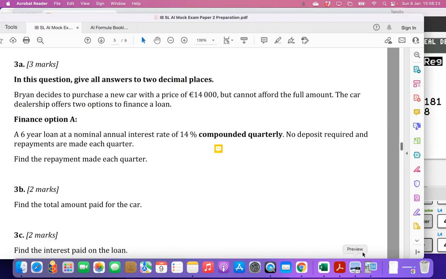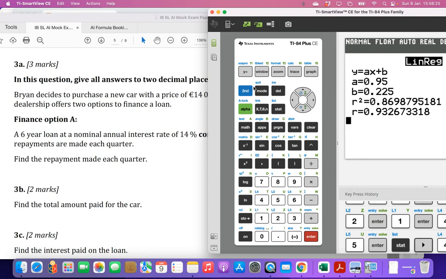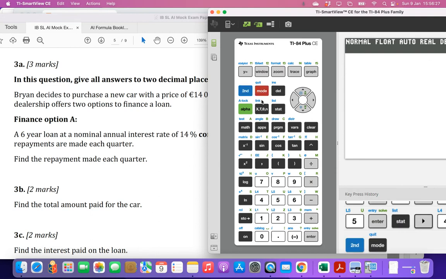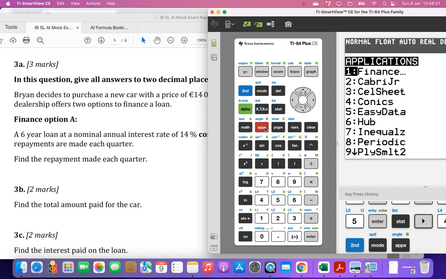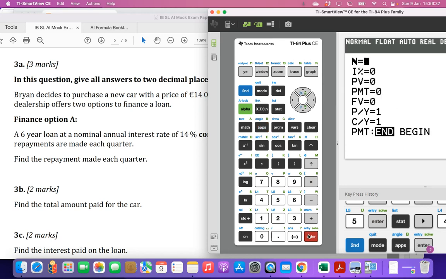So go to the TI-84. We want to go to the TVM Solver, which is an app. Finance, TVM Solver. And now this is what I want to show for my workings.